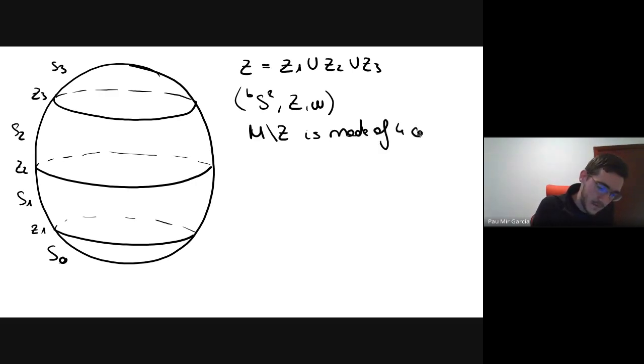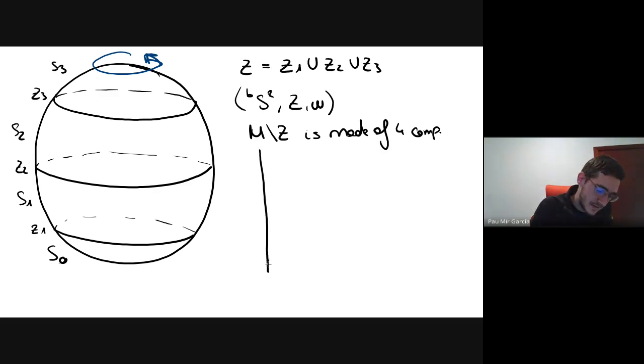And which could be a moment map of an action here in general? An action here in general could, for instance, have the following moment map. Let me draw a possible moment map for this manifold.